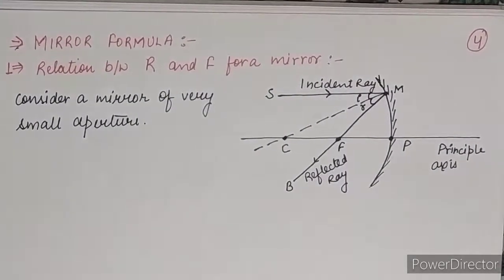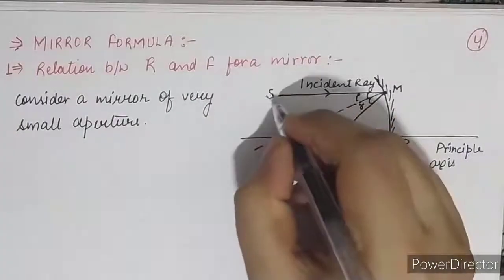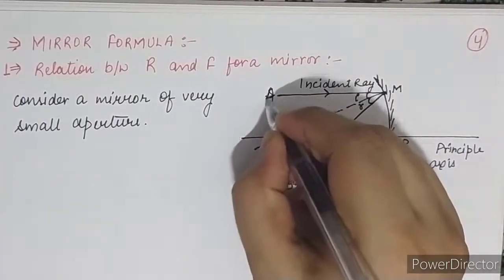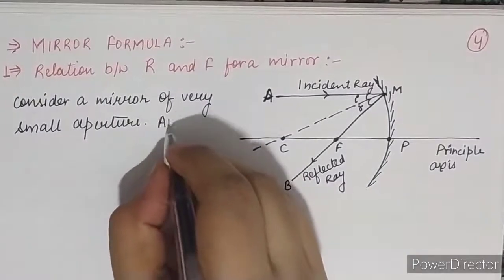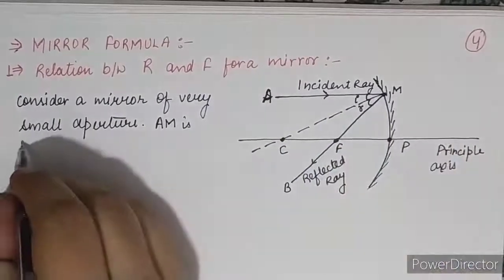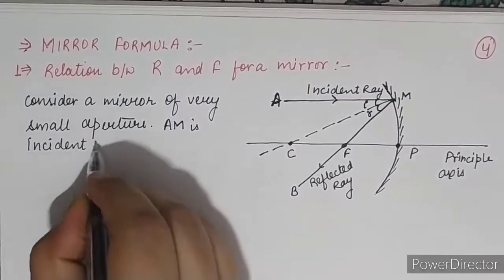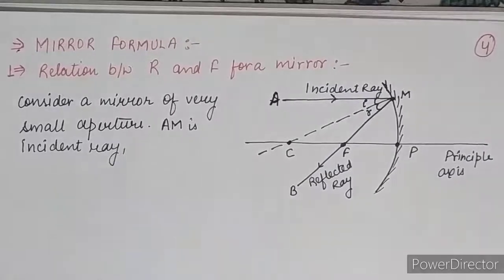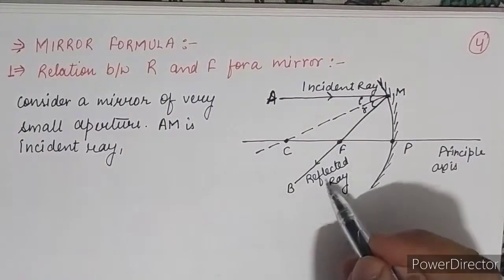Now suppose the light ray which is coming is A, so it will be easy for us. AM is the incident ray. After incidence, MB is the reflected ray.